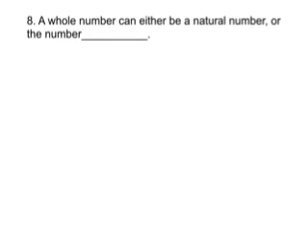Number 8. A whole number can either be a natural number or the number what? We have to remember what natural numbers are. Natural numbers are 1, 2, 3, 4, and they go on and on up to infinity.